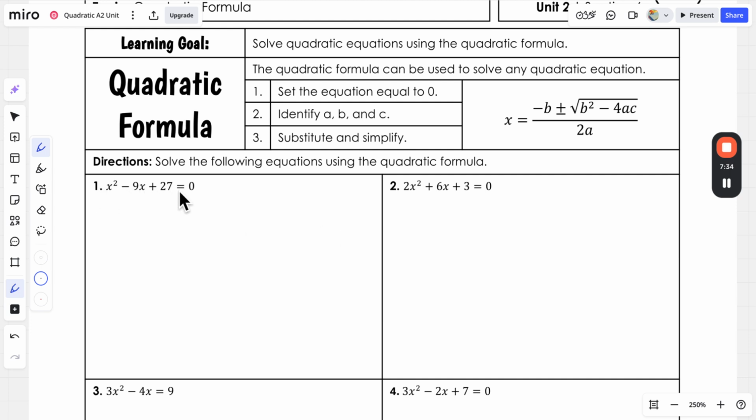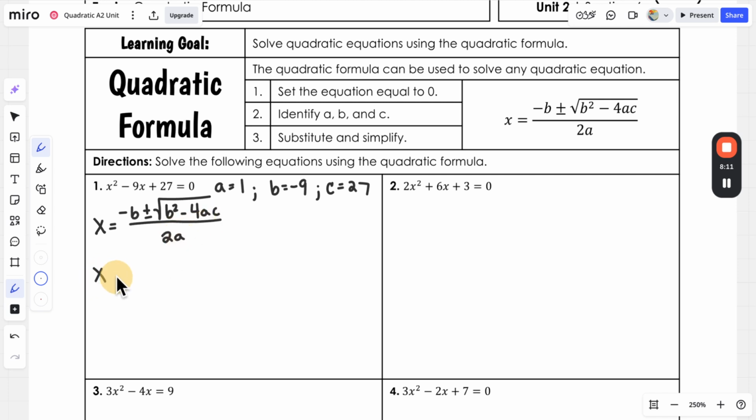This equation is already in standard form, so I simply identify that A is equal to 1, B is equal to -9, and C is equal to 27. I use my formula. X is equal to -b plus or minus the square root of b squared minus 4ac all over 2a.